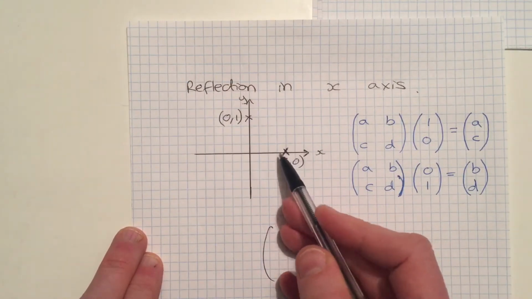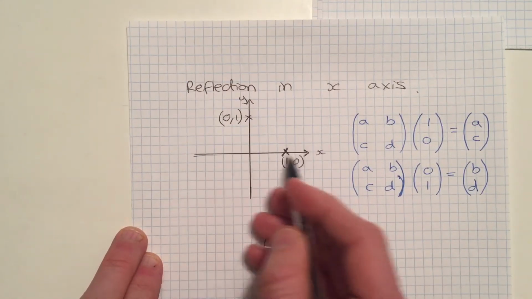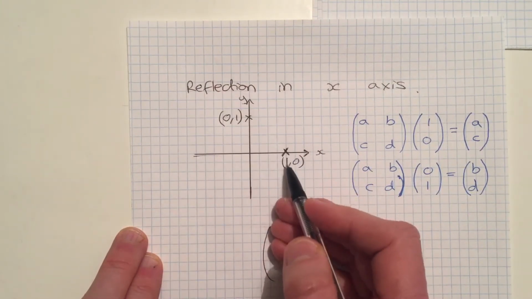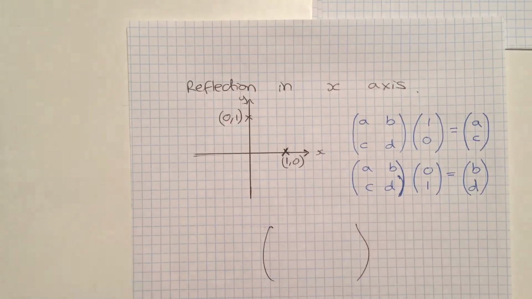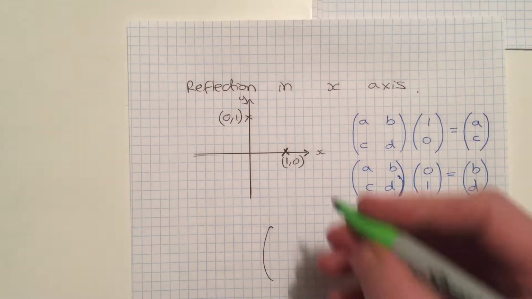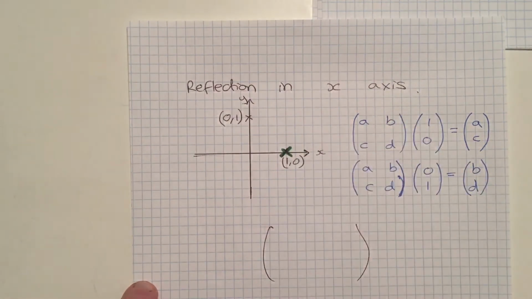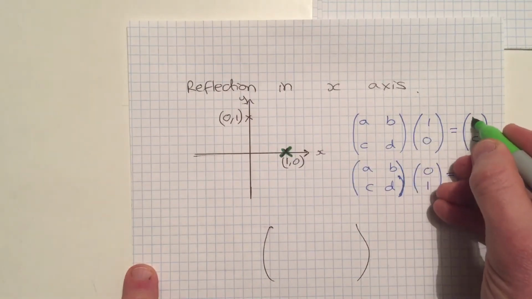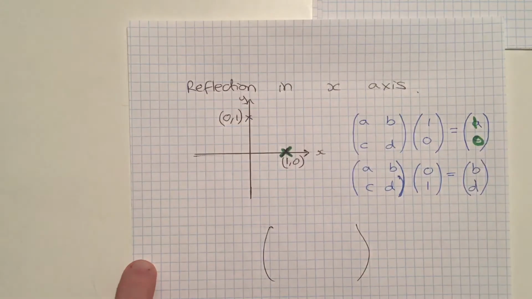So reflection in the x-axis, well, this is the x-axis here. If I reflect 1, 0 in the x-axis, it doesn't actually move at all. This will stay exactly where it is because it is on the mirror line. So 1, 0 will get mapped to 1, 0.